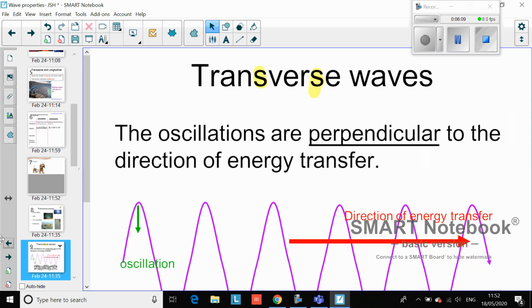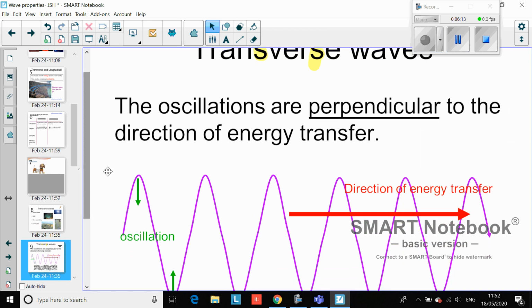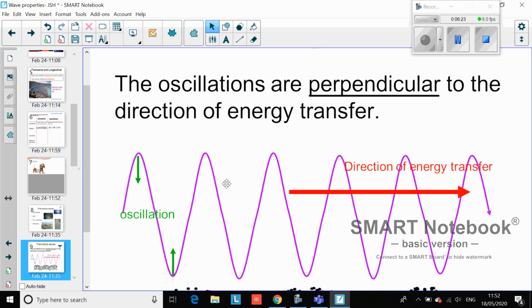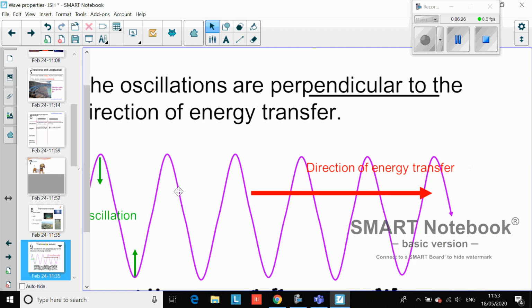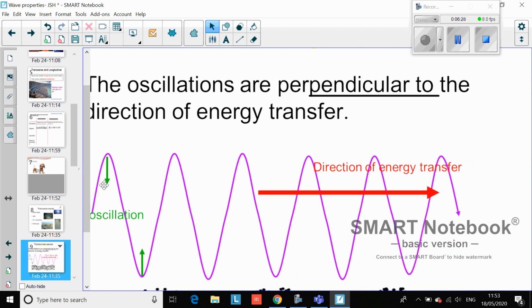And as I said, transverse waves look like this. So good descriptions: the oscillations are perpendicular, so basically at right angles to the direction of energy transfer. Okay, so what does that mean? It means that the wave is going this way, but the oscillations, the movements, as you can see, are up and down, like that.